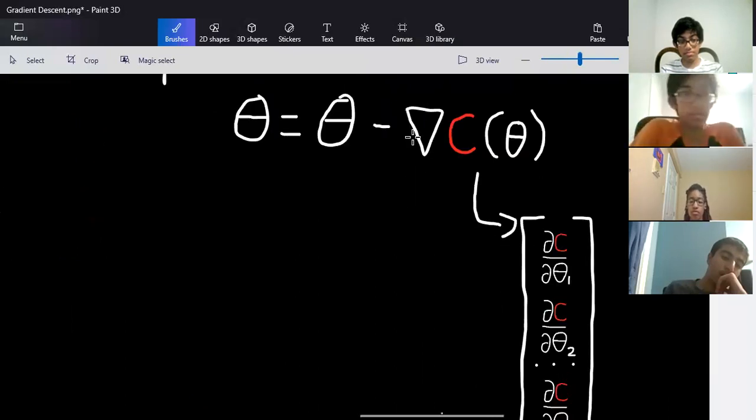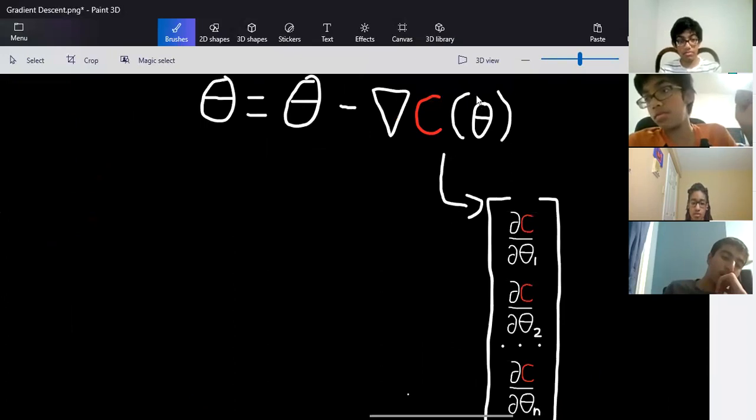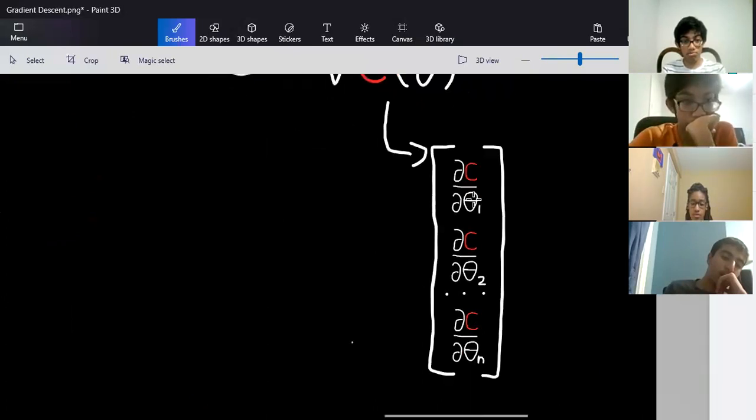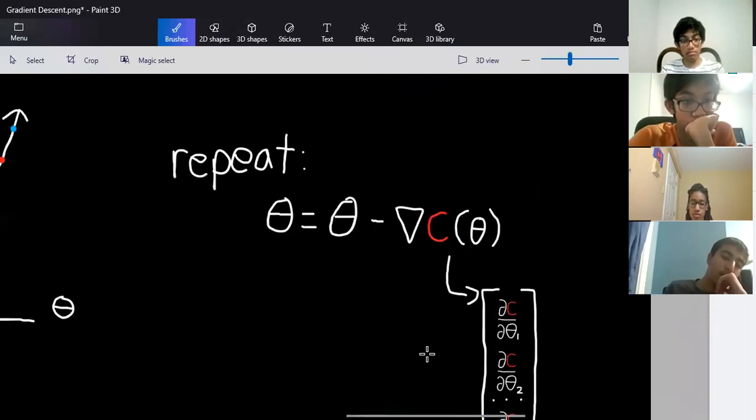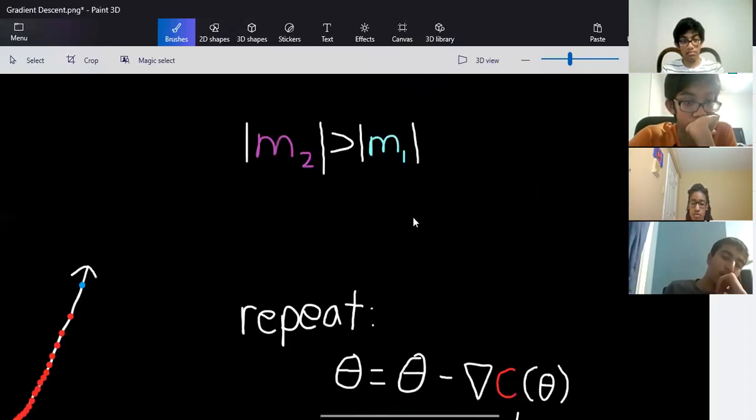That's called the gradient vector. I'm just using this symbol because remember, theta is not one scalar. It's not like theta is equal to 2. Theta is a bunch of different parameters. So theta 1, theta 2, theta 3, all the way up to theta n, whatever n may be, like theta 100. So I just changed this up a little bit, but it's the exact same thing as earlier.